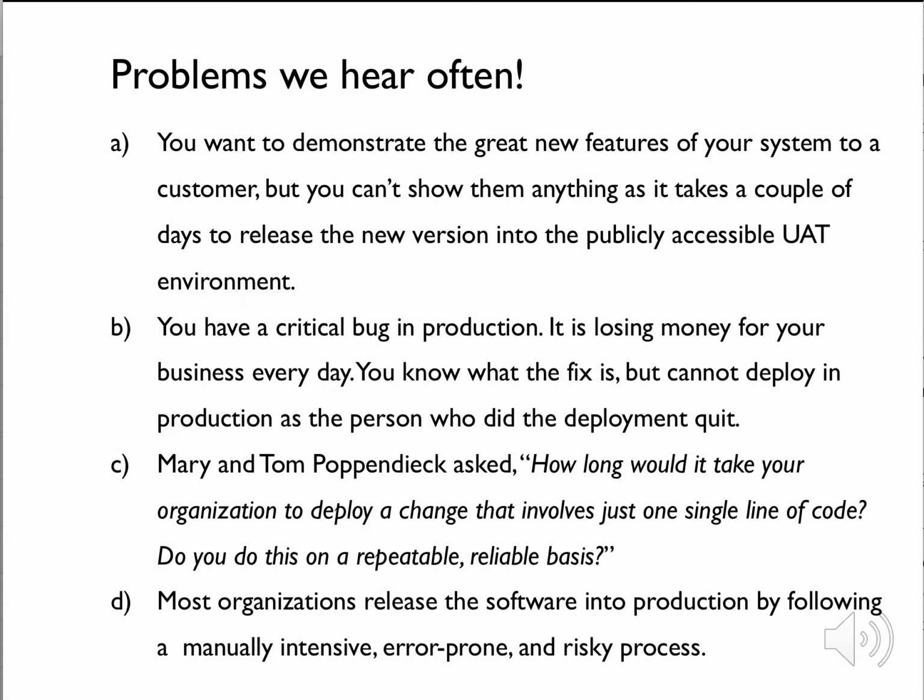Mary and Tom from Lean often ask this question: how long would it take your organization to deploy a change that involves just one single line of code? Just think about it. Try to analyze in your organization, for just one single line of code, if you want to deploy that change, how much time it takes.